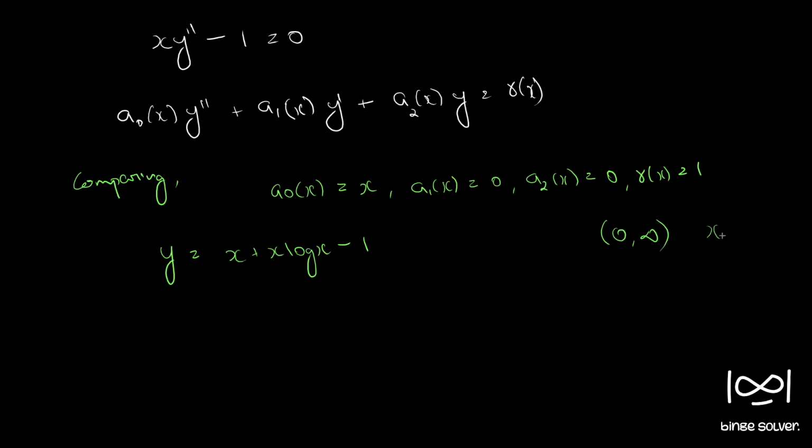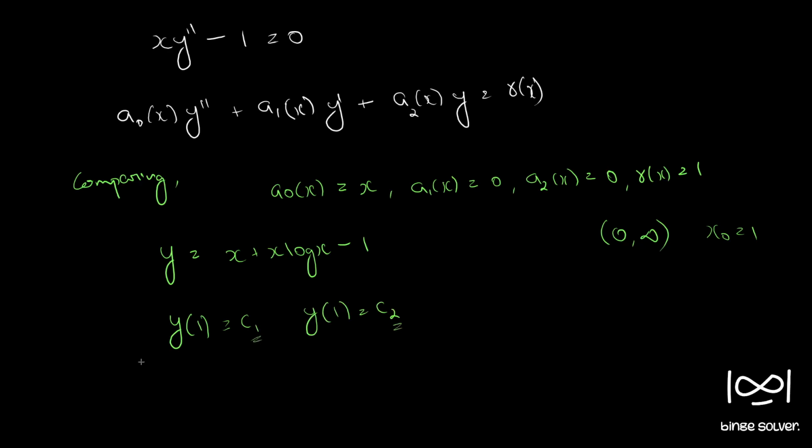So x0 equal to 1 is inside this interval, and in this interval we can see that a0 of x, a1 of x, a2 of x and r of x are all continuous functions, and this solution is defined in this interval. It is an open interval, so 0 is not included. And y of 1 is equal to c1 and y dash of 1 is equal to c2.